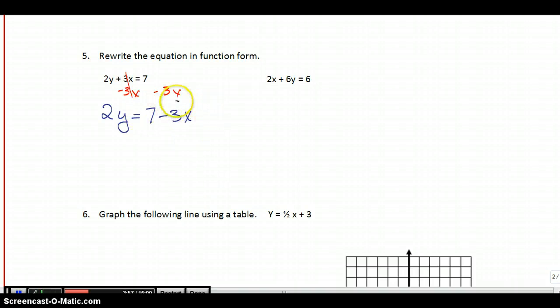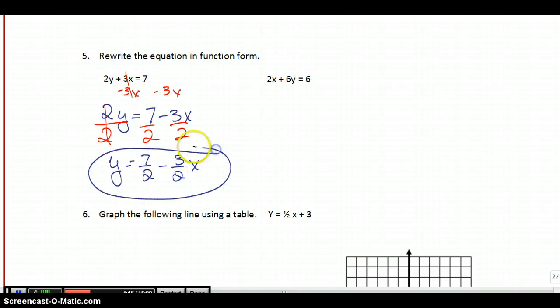I cannot combine 7 and 3x because they are not like terms. 2 is still not by itself. I'm going to divide both sides by 2. So now I have y is equal to 7 over 2 minus 3/2 x, and this is my final answer.